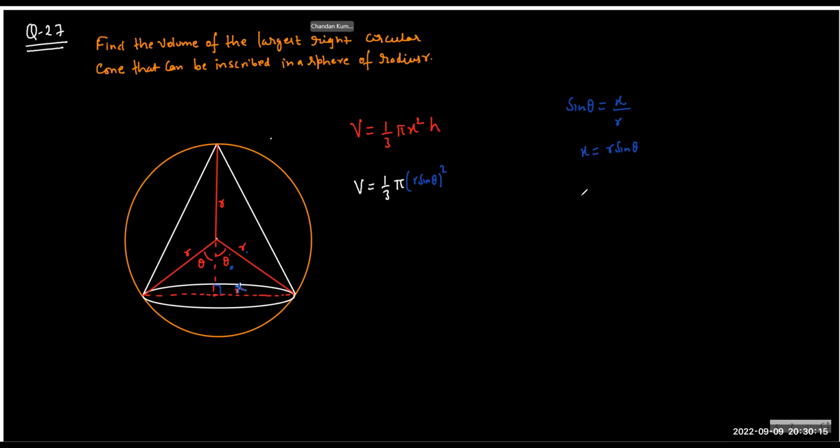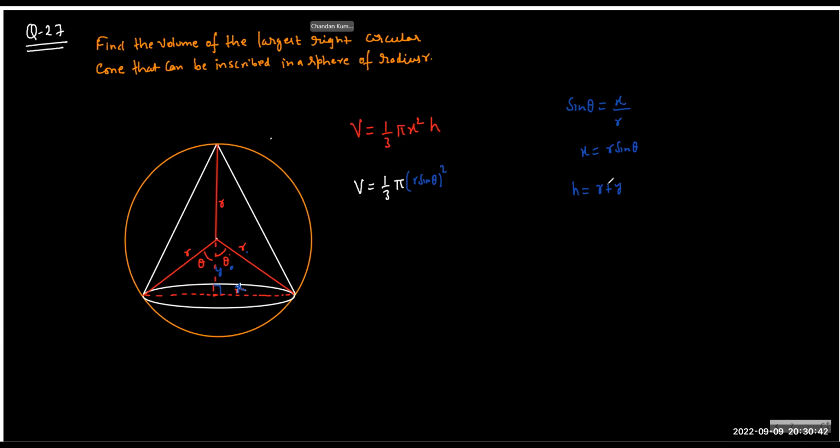What about h? So h is the vertical length, which is r plus something, right? Something I don't know. Let's call it y. And if you look carefully, can I write h as r plus y? Yes, sir.